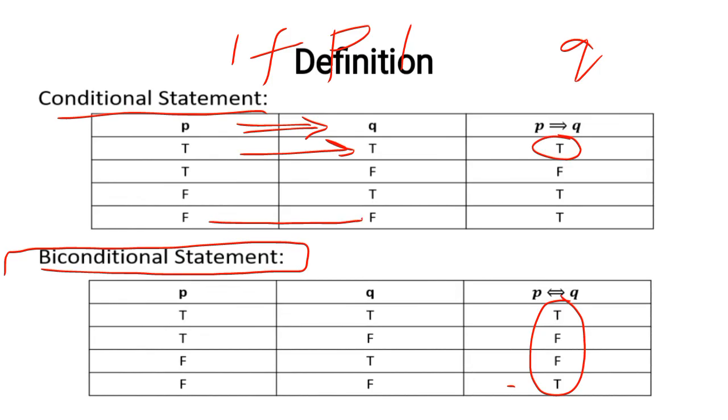Because false is pointing to false, the statement remains true, just like we have for the biconditional. But when the values are different, once the truth is pointing to the false, it means it will be false. The final answer must be false. But once false is pointing to the truth, it will always be true, as you can see on the screen.